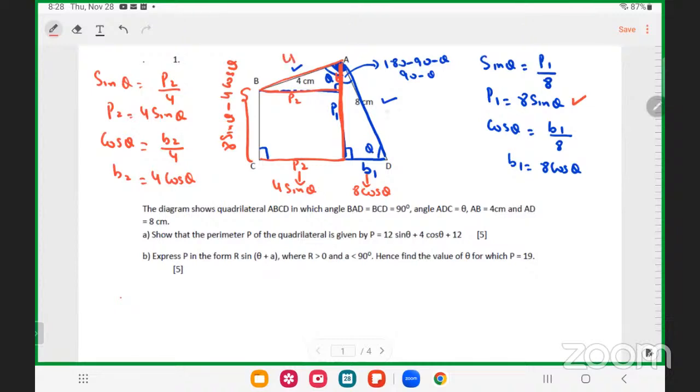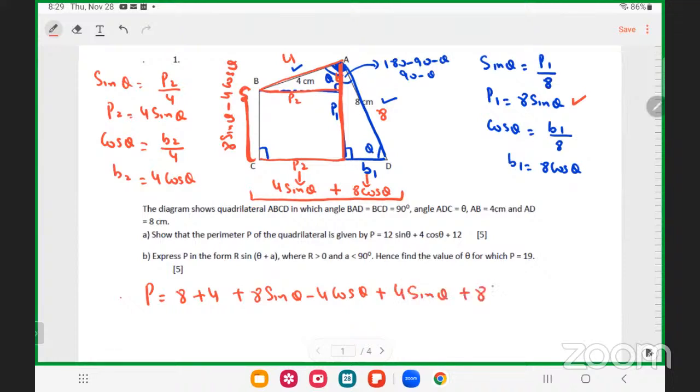So this is 4, this is 8. The whole of this is 4 sine theta plus 8 cos theta. And the whole of this is 8 sine theta minus 4 cos theta. So perimeter is the sum of all sides, 8 plus 4 plus 8 sine theta minus 4 cos theta plus 4 sine theta plus 8 cos theta.